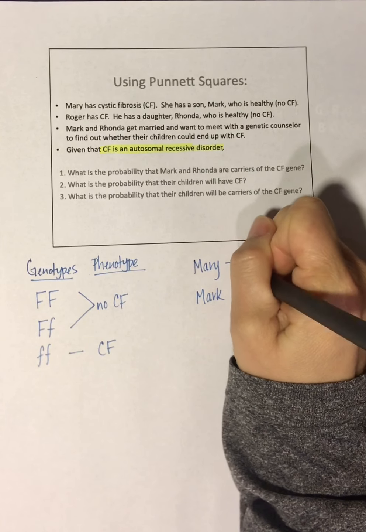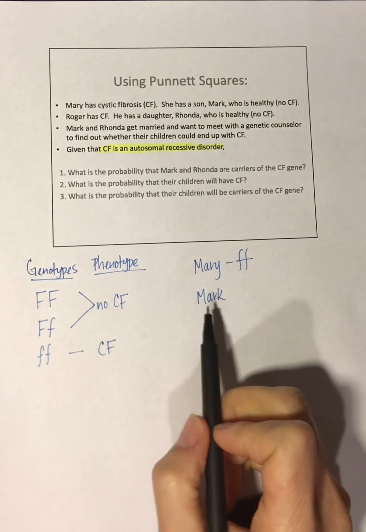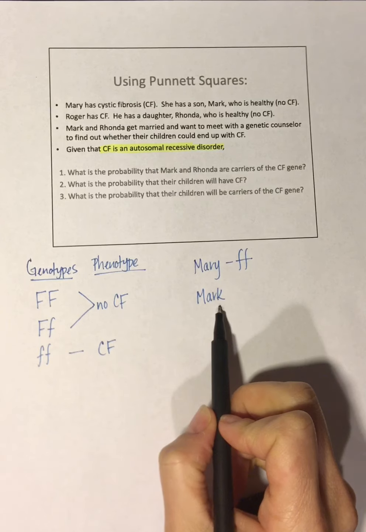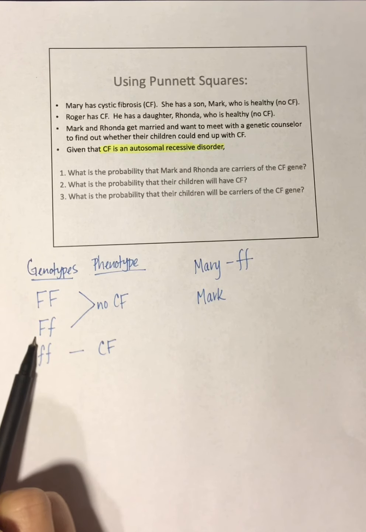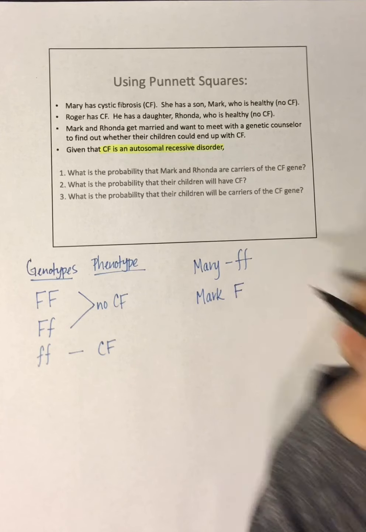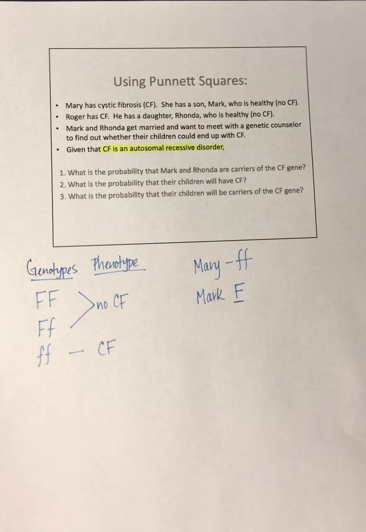So I'm going to go ahead and write that next to Mary. Now, Mark does not have cystic fibrosis, which means Mark is either homozygote dominant or heterozygote. We know that he must have at least 1 copy of that healthy dominant allele in order to not have cystic fibrosis.